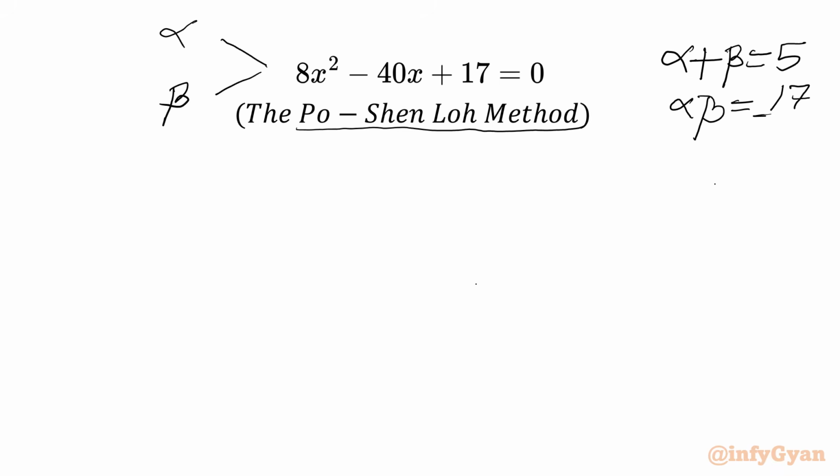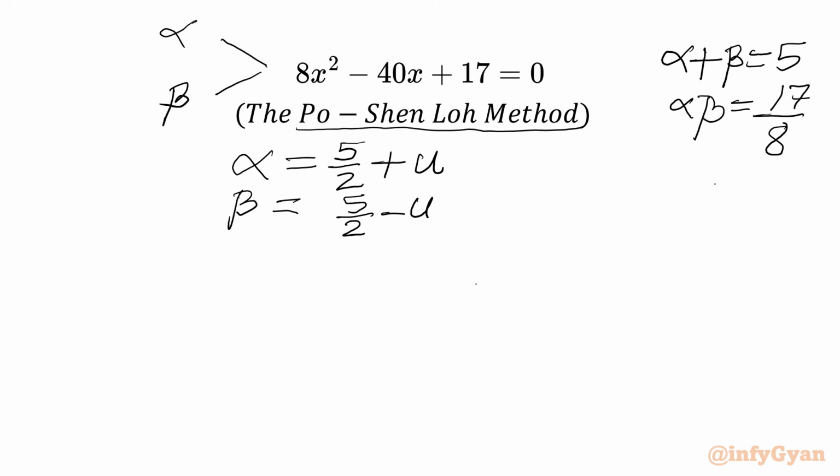C is 17, a is 8, so 17 over 8. Now we will consider alpha equal to 5 over 2 plus u, beta equal to 5 over 2 minus u. If we add these two equations, we get the sum of roots alpha plus beta, 5 over 2 plus 5 over 2, which is 5.